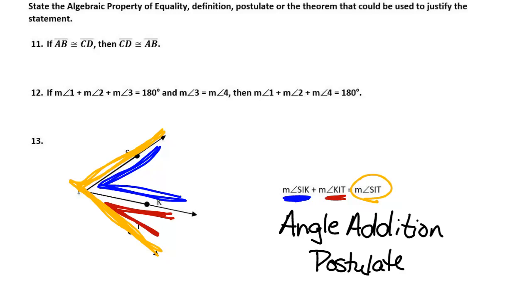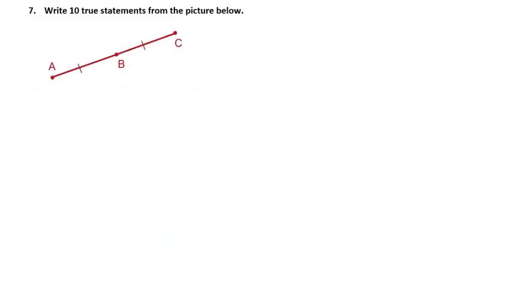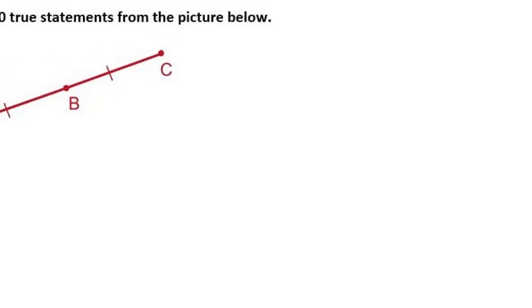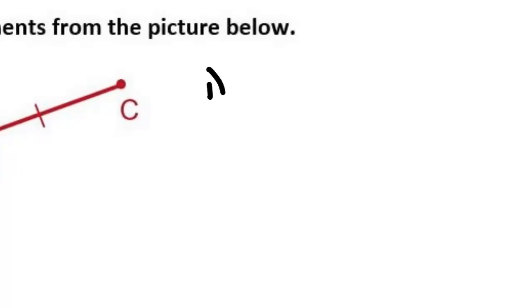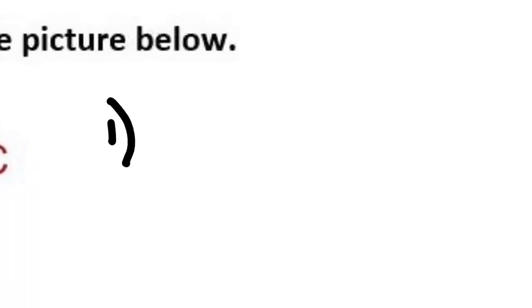What else would you guys like to see? Yes. Number 7? Absolutely. Number 7 says write 10 true statements from the picture below. Well, what's the first thing I can say based on the way that picture is drawn?